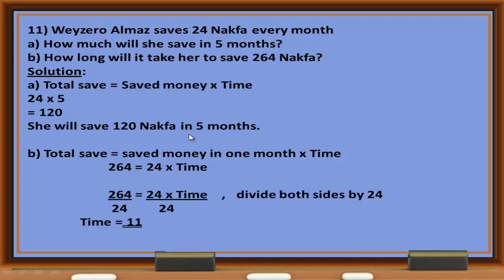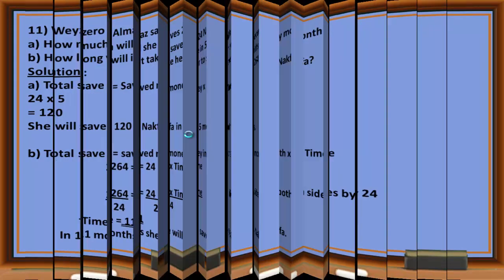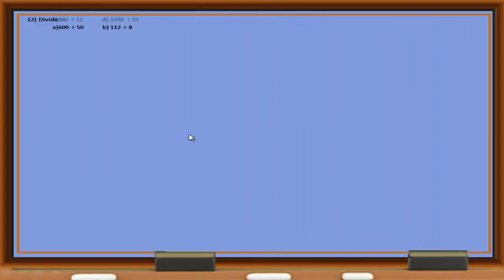Then 264 divided by 24 is 11. Therefore, in 11 months, she will save 264 nafa. I hope the solutions are clear for you.